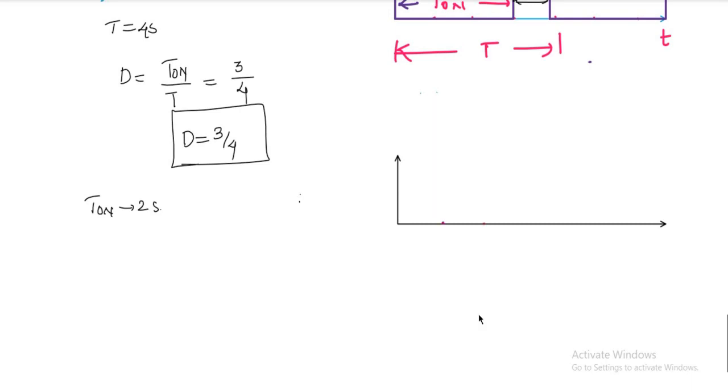Let us take the time slots here. This is time t. Turn on is 2 seconds now. Earlier it was 3 seconds, now it is 2 seconds.